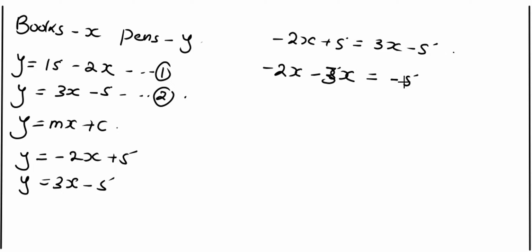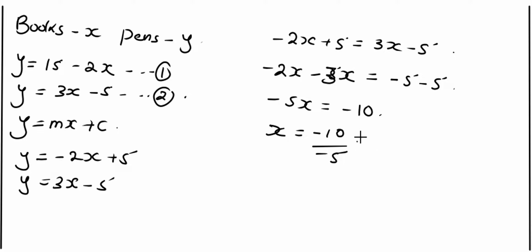Then I take again this 15 on the other side, it will be also negative 15. So it will be minus 2x minus 3x, this minus 5x is equals to minus 5 minus 15 is minus 20. So from there, I can say x is equals to negative 20 divided by negative 5, which is 4.